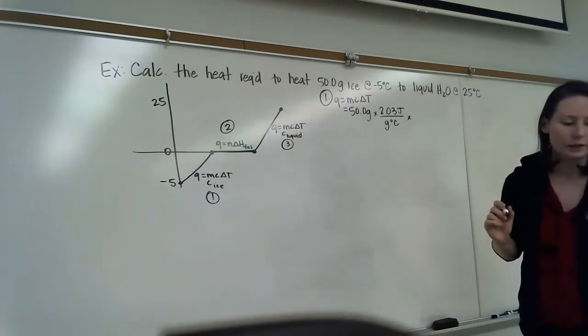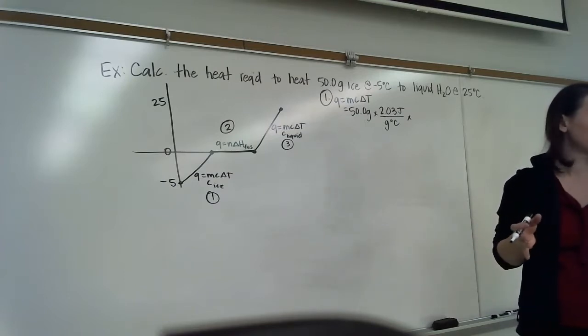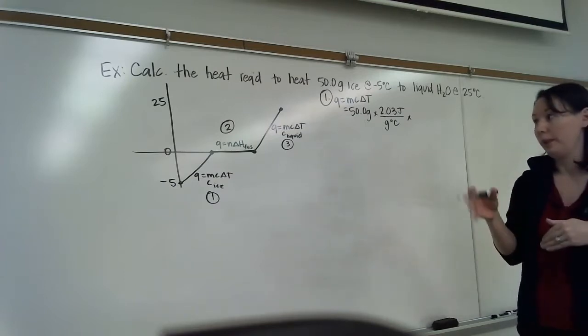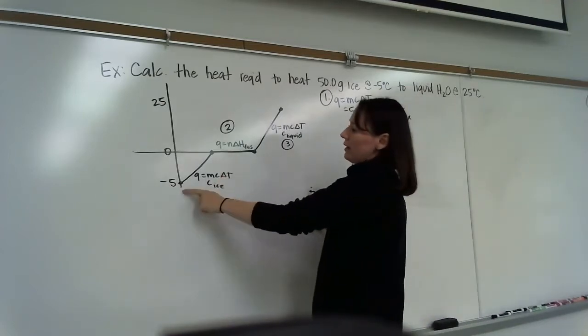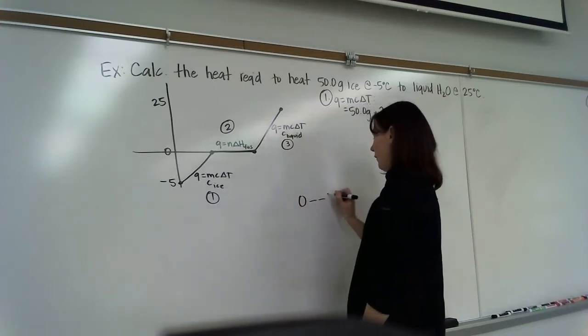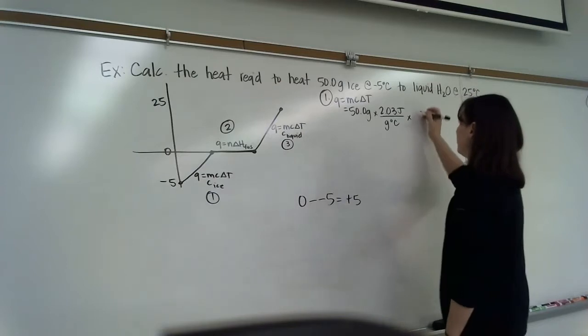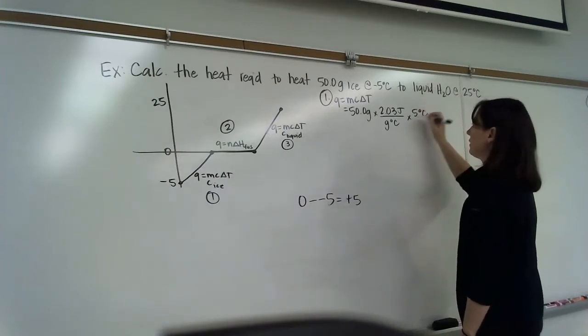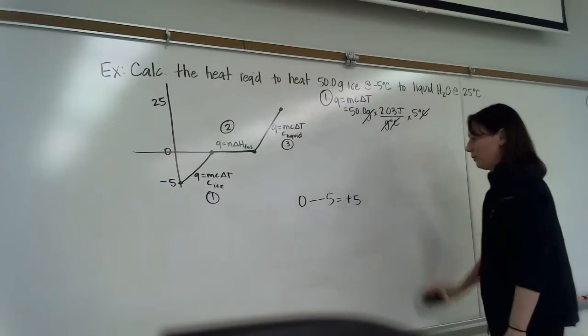Delta T is always final minus initial, right. My final is 0, my initial is -5. So 0 minus -5 gives me +5. So delta T is 5 degrees Celsius. Degrees Celsius cancels, grams cancels, my unit's going to be joules.